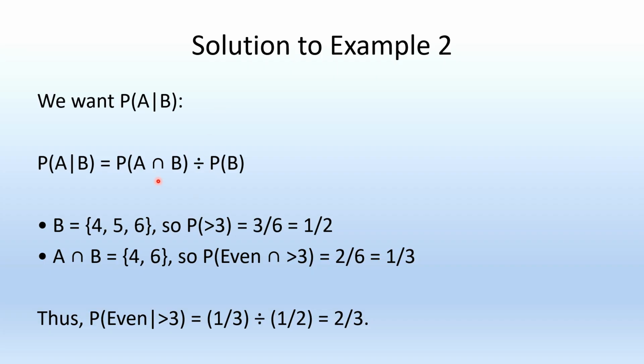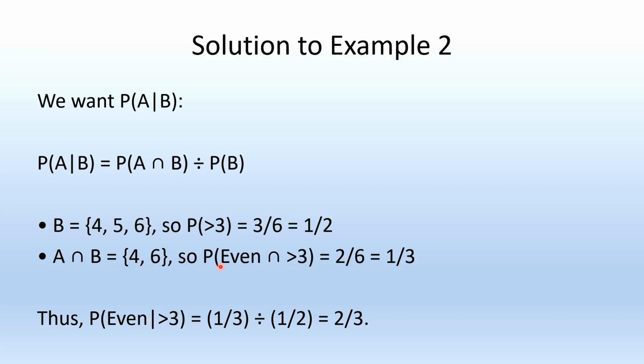So in this case, A is going to be 4 and 6, and then the probability of B, which was greater than 3, that's going to be the 4, 5, and 6, so that's going to be 1/2. Now we take the probability that we've got an even number and greater than 3, which just leaves us 4 and 6.